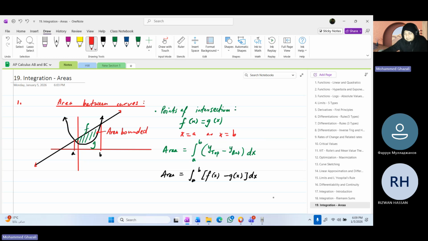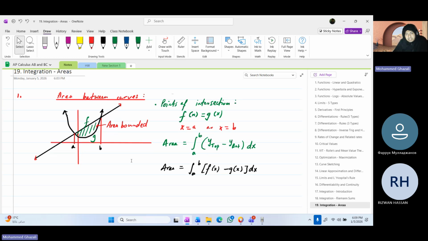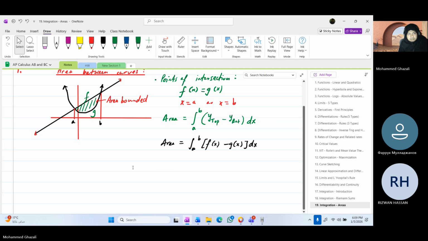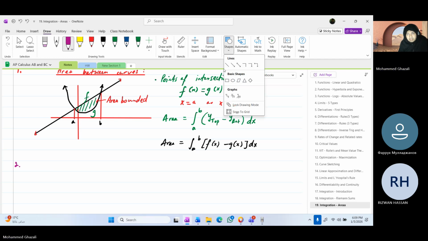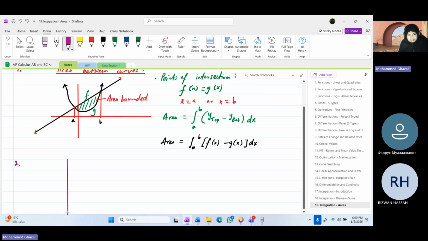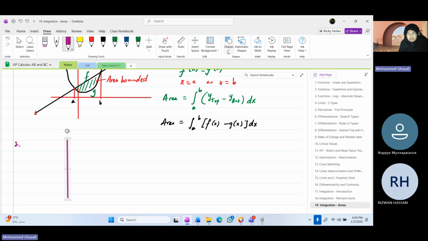Next step. The next type of area that we get is something different, type 2. The second type is we have a Cartesian plane, and we have something like this. We have a quadratic function which is sideways.